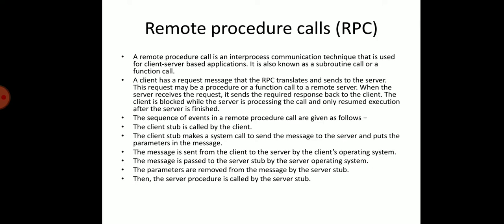RPC is implemented in client-to-server operations through a technique called a stub. With a stub, a procedure such as read or write can be defined for each server. The read procedure becomes a library procedure and the client can obtain the service through a simple read statement.